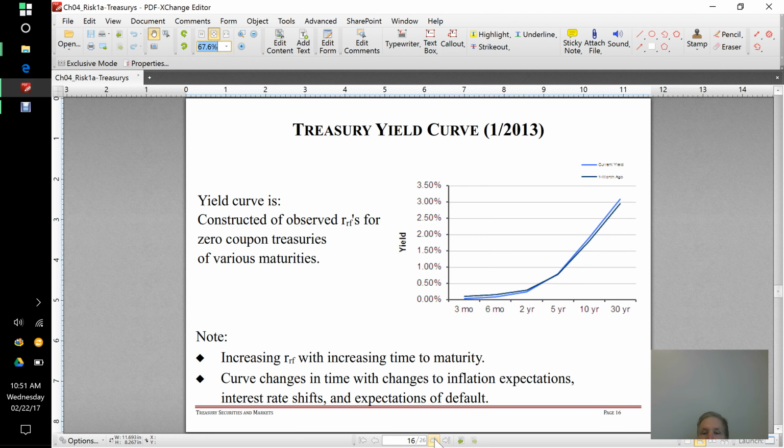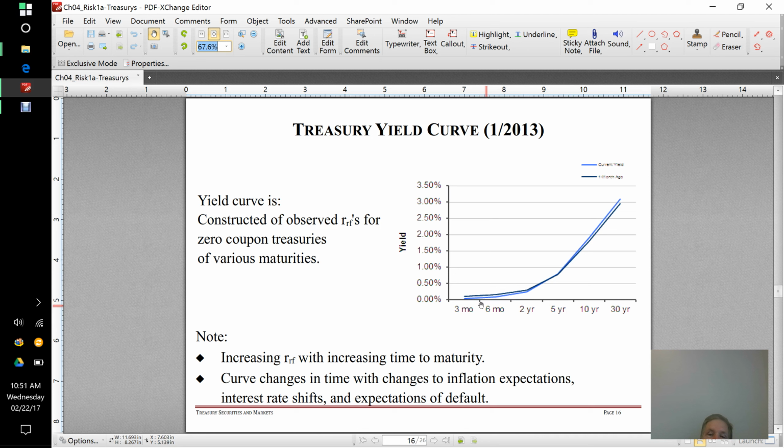So let's look at the Treasury yield curve and see how this works. So I've got a Treasury yield curve here. What we have on the x-axis is time to maturity of the Treasury bond contract, and on the y-axis I have yield. So the data plotted here is going to be for a set of zero coupon treasury bonds. So one, for example, matures in 3 months, one in 6 months, one in 2 years, one in 5 years, one in 10 years, one in 30 years.